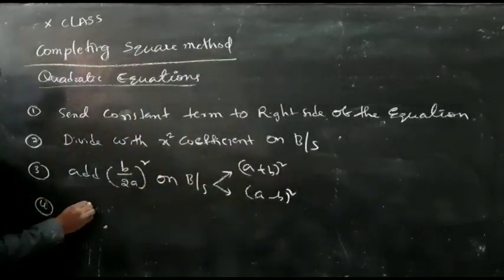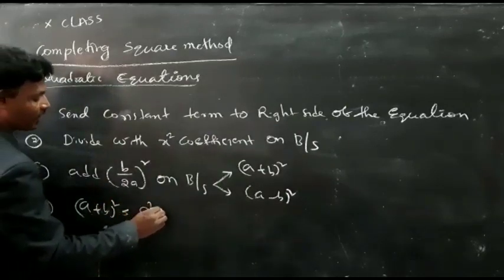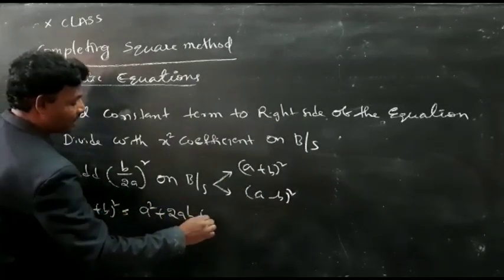Fourth, use a plus b whole square if the left side part is in the form of a square plus 2ab plus b square.